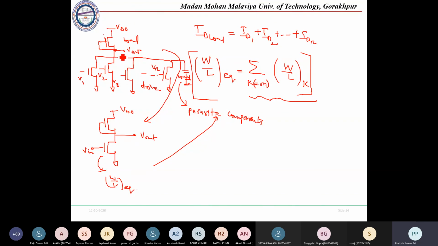Whatever parasitic capacitances are there with respect to the drain terminal are considered as part of the load. So if a large number of transistors are connected, a large number of capacitances will be there, so CL will be high. If CL is high, the delay will be high, so the circuit will be slow.